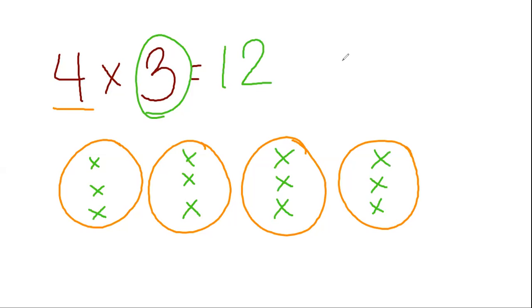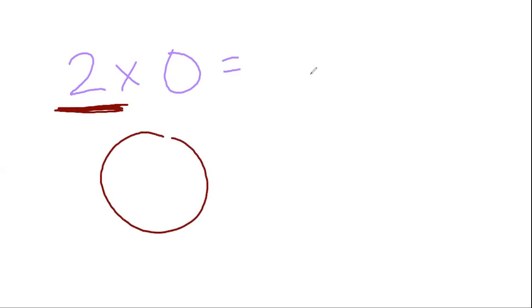Do another one. 2 times 0 equals. Let's check your work. I had 2 as my first factor, so this tells me how many groups I have.